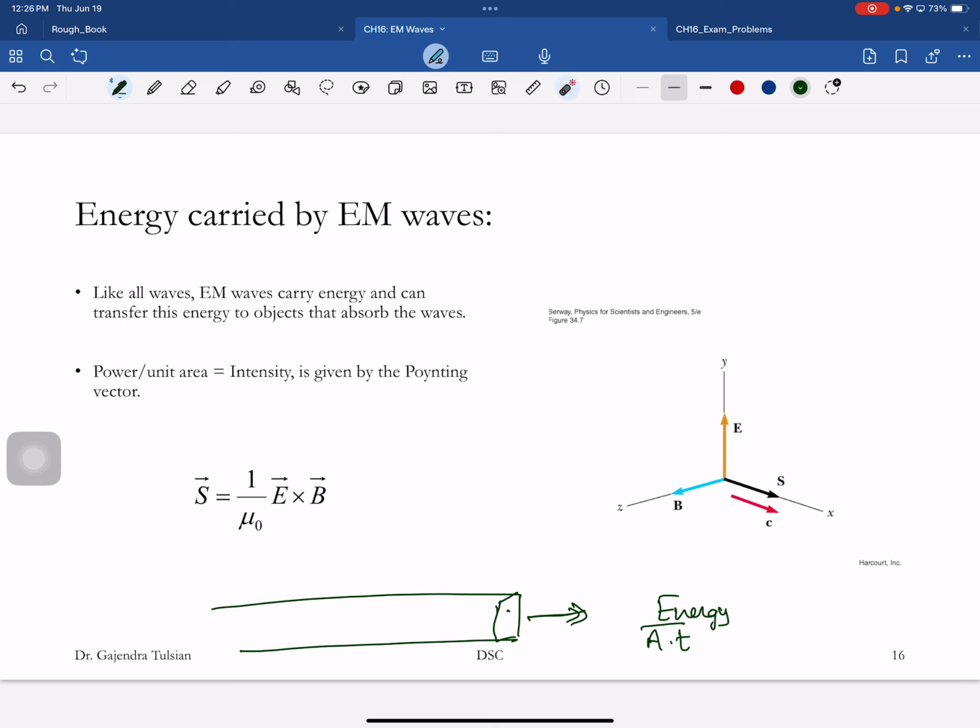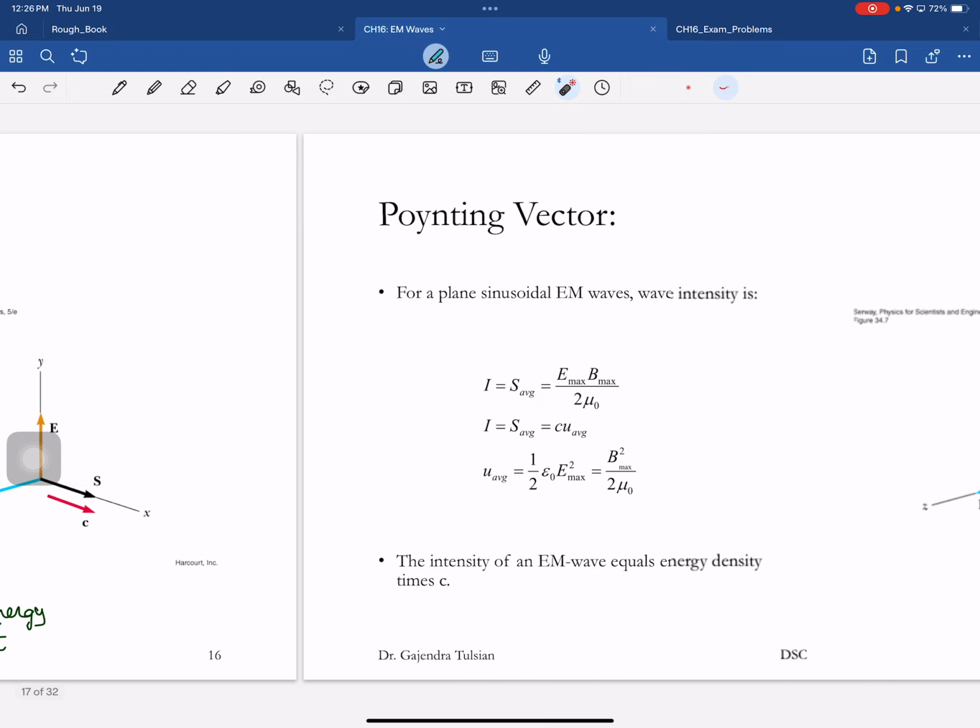So you can stand here and measure how much energy is passing you per unit area per time. That's what the Poynting vector gives you. It's named after Mr. Poynting, and this is 1 over mu naught E cross B. Okay, so intensity is given by the Poynting vector.